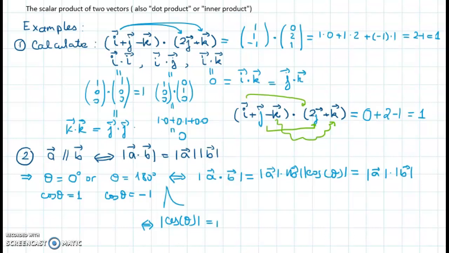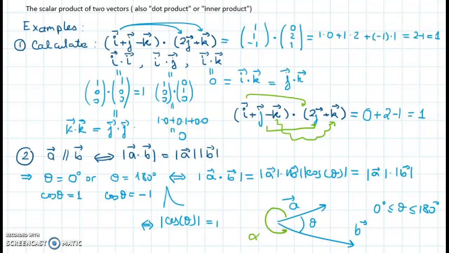We don't need to consider 360 degrees or minus 180 degrees, because when we talk about the angle between two vectors, A and B, we always consider the angle theta that is between 0 and 180 degrees, possibly inclusive.